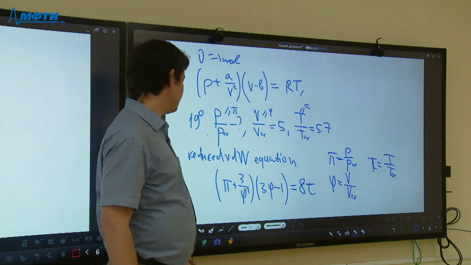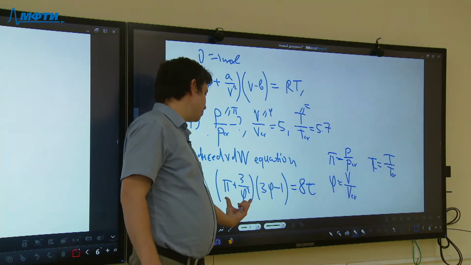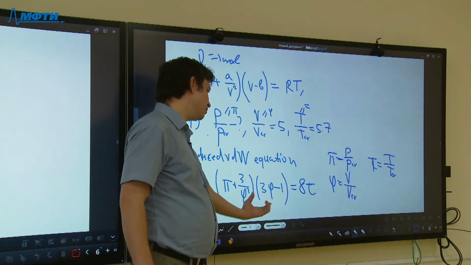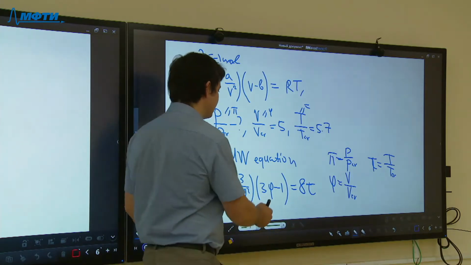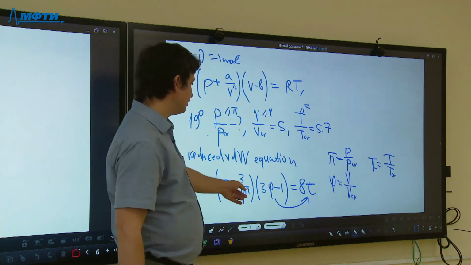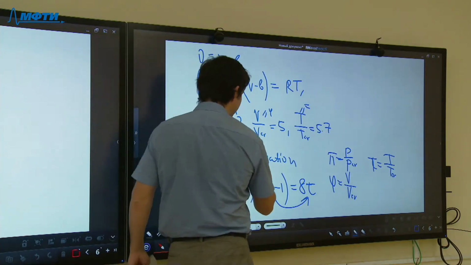Okay, so let's say this π is located in this first bracket. So first of all, I need to find out the value of the quantity inside the first bracket term in this product. So I can get this 3φ minus 1 to the right-hand side. And after that, I need to subtract this 3 over φ squared.